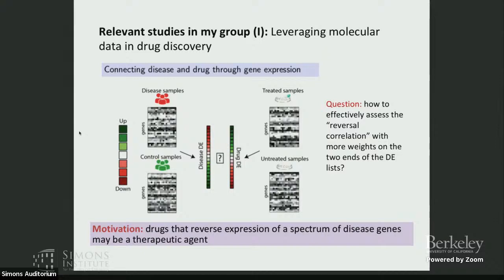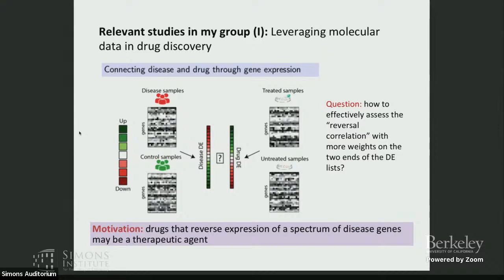So the motivation here is that people believe that if the drug differentially expressed genes have some kind of reversal correlation with the disease differentially expressed genes, then it could be indicative that this drug may be a useful treatment candidate for that disease.